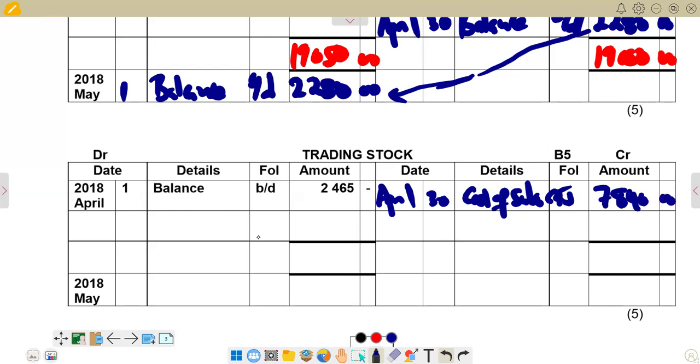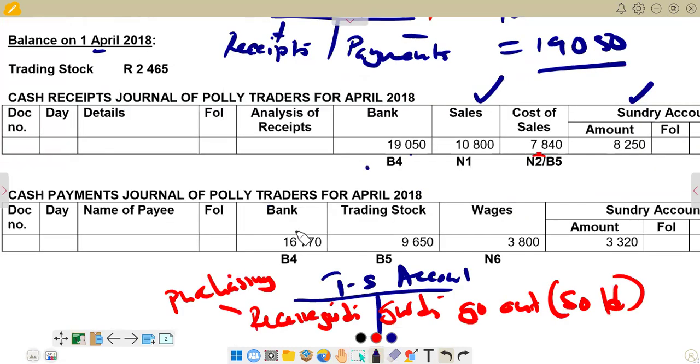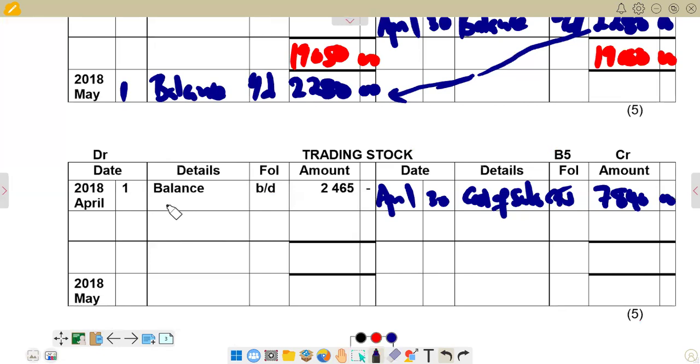And also we go to the cash payment journal. The cash payment journal is representing trading stock of 9,650. So this means we bought some goods, which is represented by this debit side, that we are receiving goods. We purchased 9,650, so it goes to the debit side of the trading stock account. So here we are saying bank.